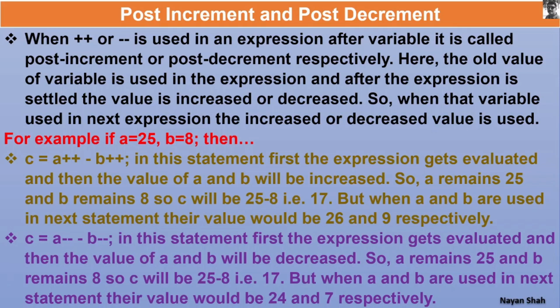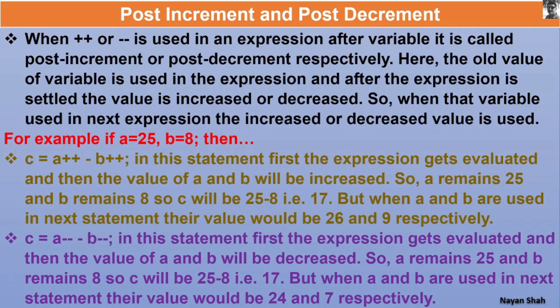So when that variable is used in the next expression, the increased or decreased value will be used. Let us see some examples. Suppose a is equal to 25 and b is equal to 8. Then write c is equal to a++ - b++. As you can see, it is post increment.